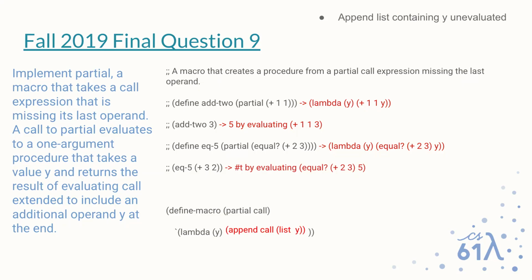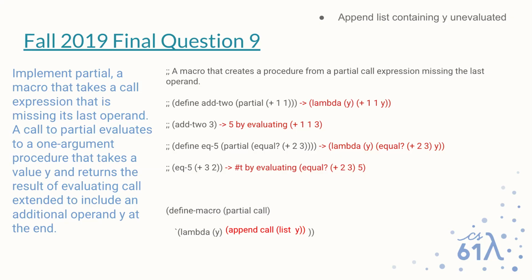Yeah. So we are combining call and list y, but remember we've quasi-quoted the whole thing. So not only do you want to figure out what this list is, because you don't want to literally have append call and list y outputted. You want to figure out what this expression means, but you also want to keep y.